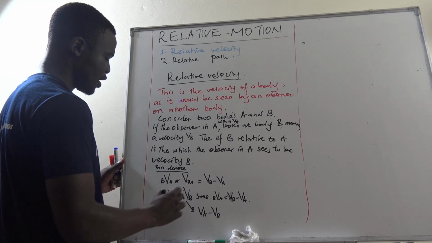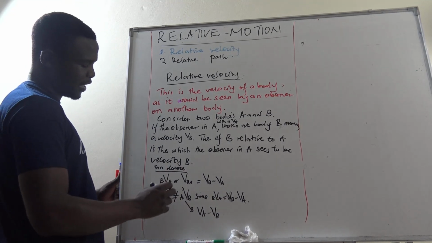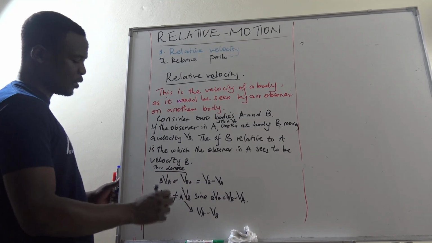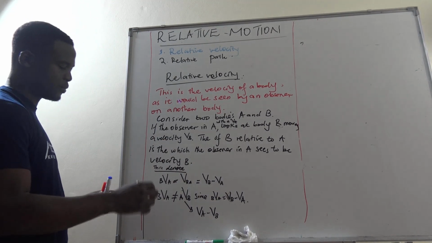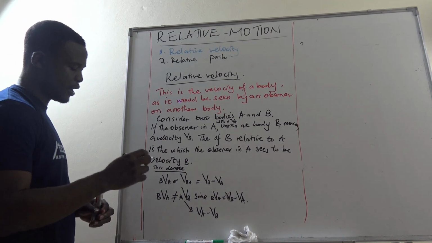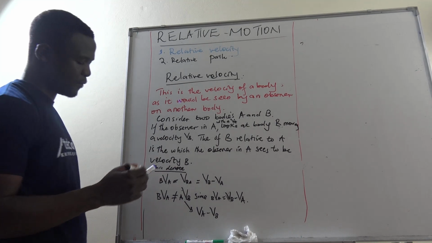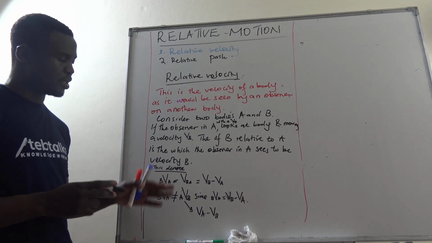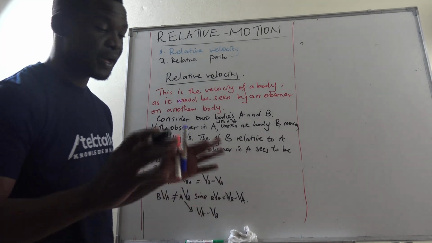So it is true that the relative velocity of B relative to A is not equal to the relative velocity of A to B. That is, this has to be taken into consideration.